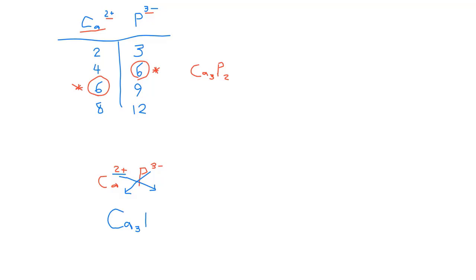Notice I did not put a negative 3 in front of calcium. I did not put a positive 2 in front of phosphorus. I just put 3 and 2. There's a good reason for that. These numbers, the 3 and the 2, they do not tell you the charge.